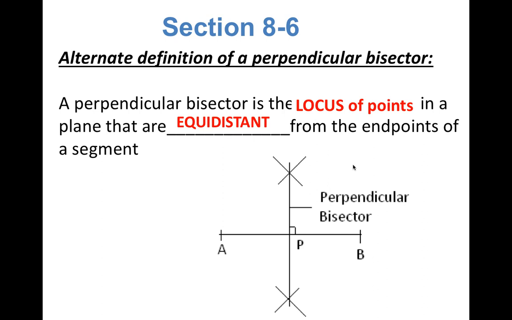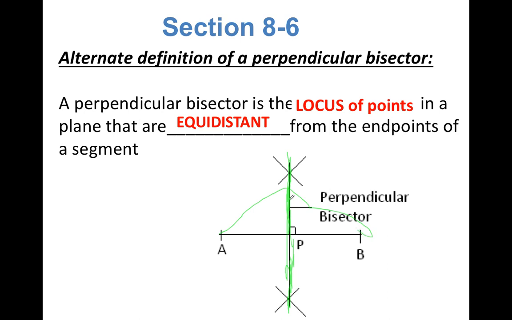The points of a perpendicular bisector are required to be equidistant from the endpoints of a segment. So we could say the perpendicular bisector is the locus of points in a plane that are all equidistant from the endpoints of a segment, meaning all the points on it would have to be equidistant from the endpoints of a segment.